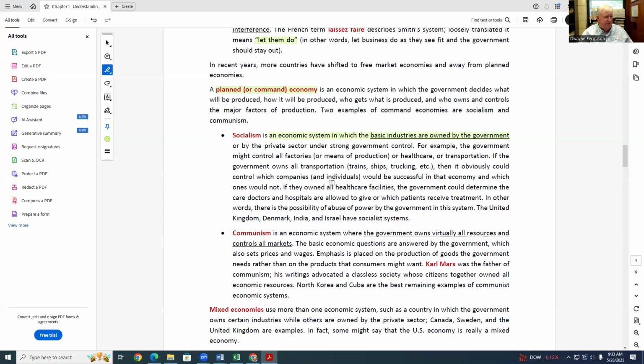So they might own all the factors and means of production, or they might own healthcare, or they might own transportation. And those particular businesses wouldn't compete. That means that the government gets to set the price and the government gets to set how much is available.